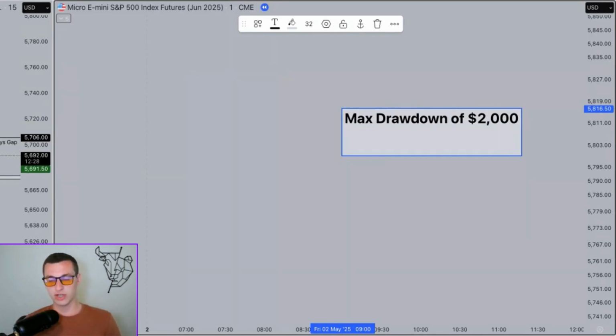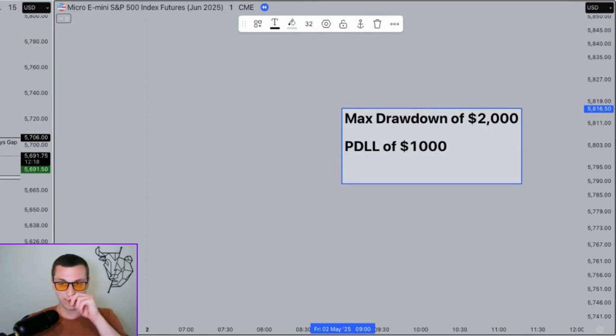So for a challenge account, if you have the max drawdown of $2,000, you're going to set a personal daily loss limit of $1,000. That way you can take 2 full days of max daily loss before the account is blown.